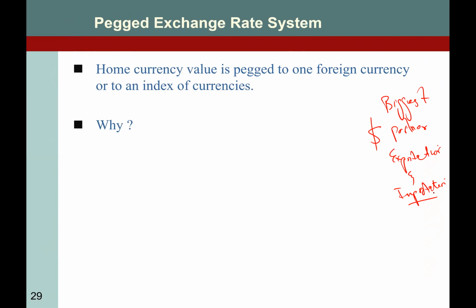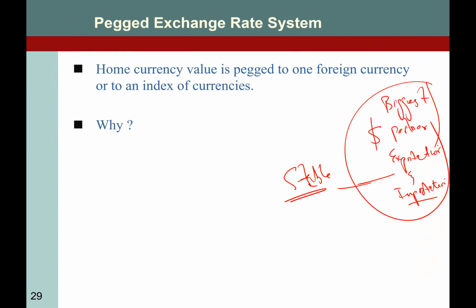Yep, maybe. Your answer is like this: up to a certain point, it's right. But in other words, you can say the US dollar is more stable, right? Yes, yes, yes, definitely. If you want to say this, then you are right.